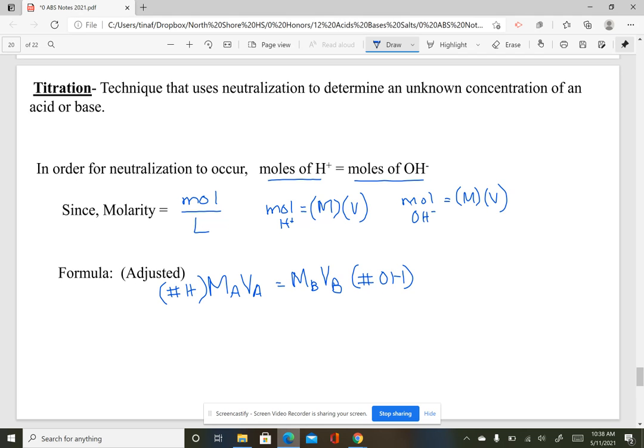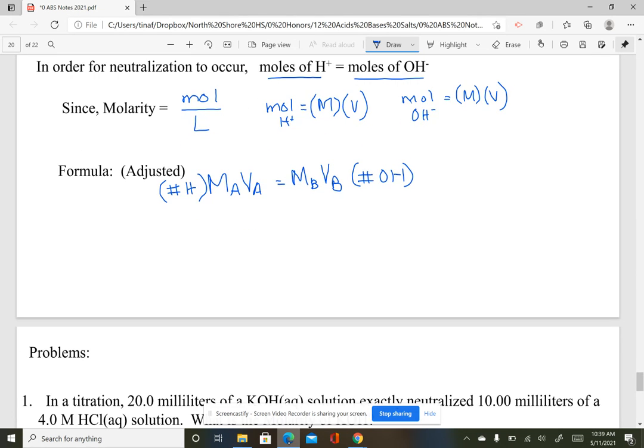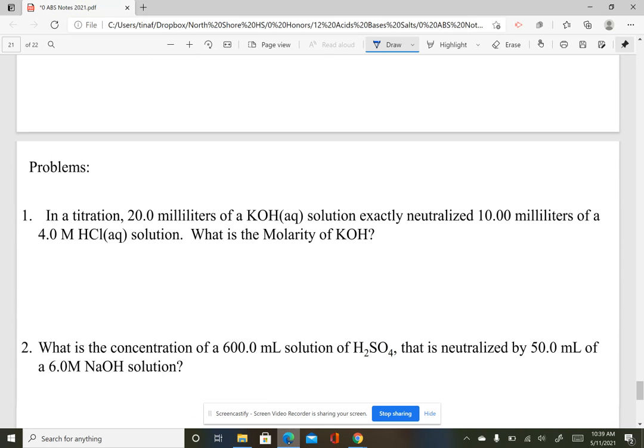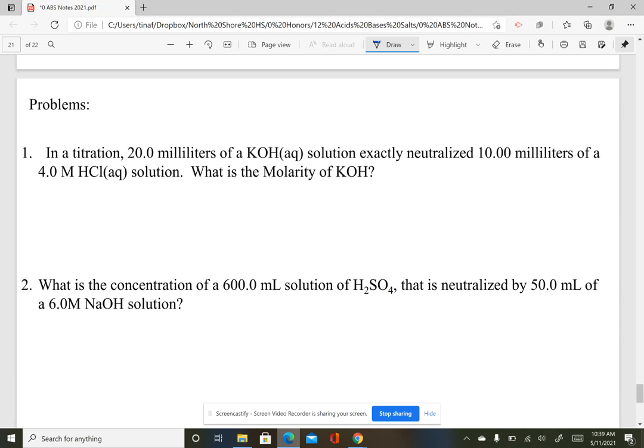Okay, so this is your formula. When you do a titration in the lab, all the data you collect will get plugged into this formula, and then you just solve for an answer. So let's take a look at a word problem, and then we'll take a look at what this lab setup would look like. It says, in a titration, I have 20 milliliters of KOH.